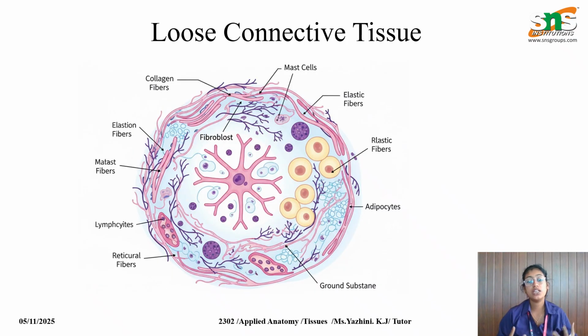You can easily differentiate the simple connective tissues and also loose connective tissue. The arrangement varies according to the mast cells, elastic fibers, adipocytes, lymphocytes and collagen fibers. The locations differ, and so this is loose connective tissue.